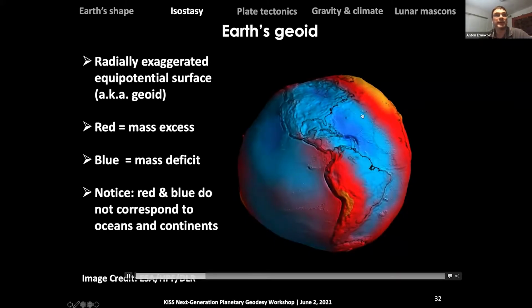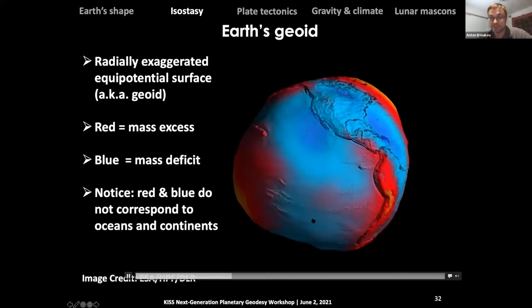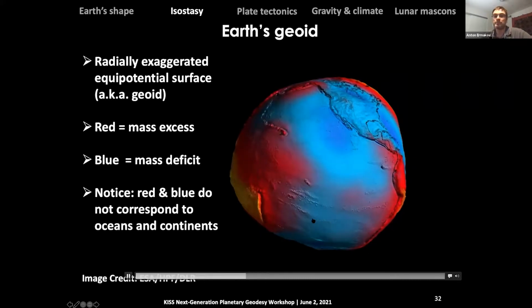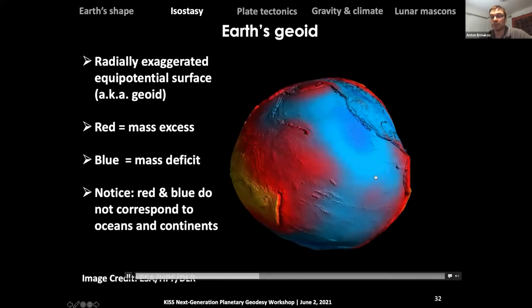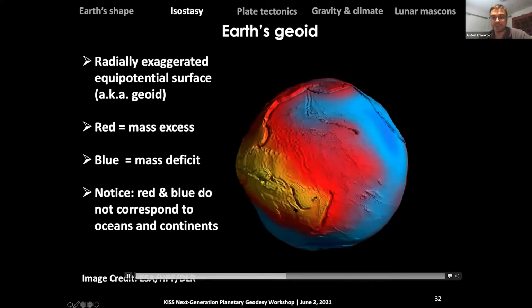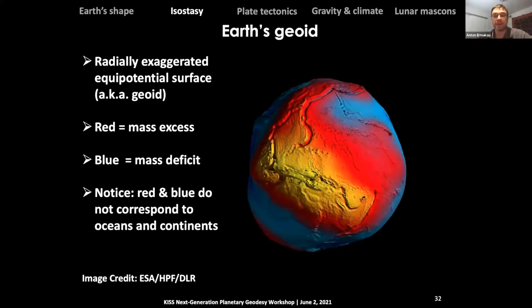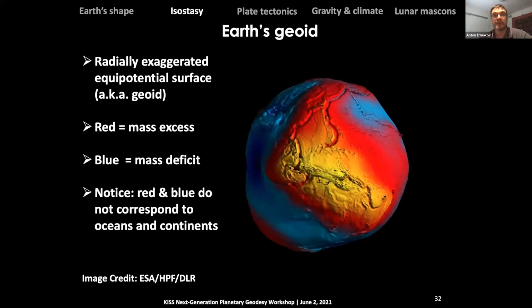So here, red areas correspond to mass excess and blue areas correspond to mass deficit. Notice that red and blue colors don't correspond to, let's say, oceans versus continents, which attests to global isostatic compensation.